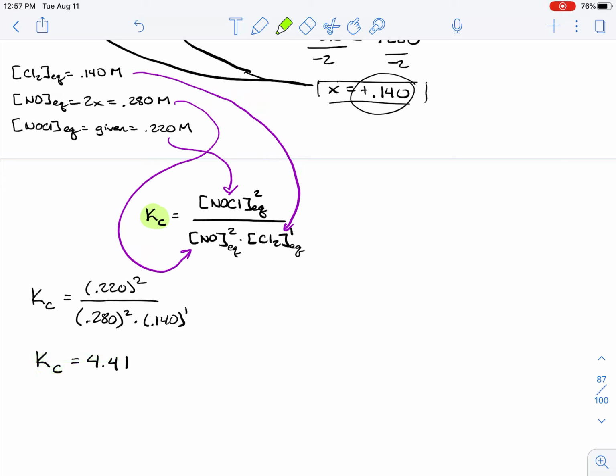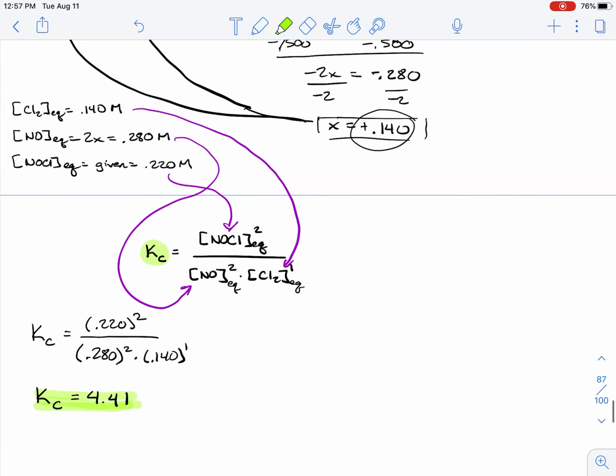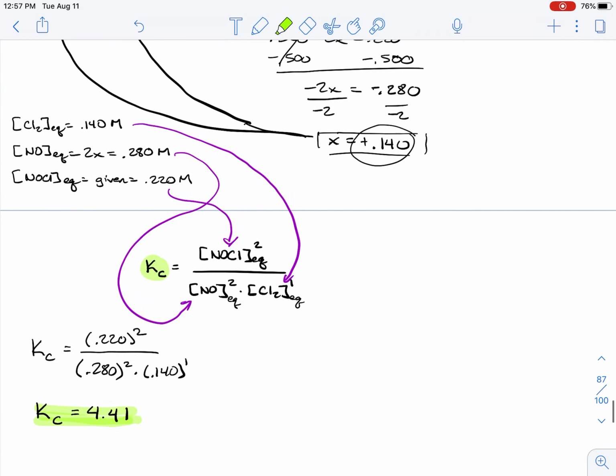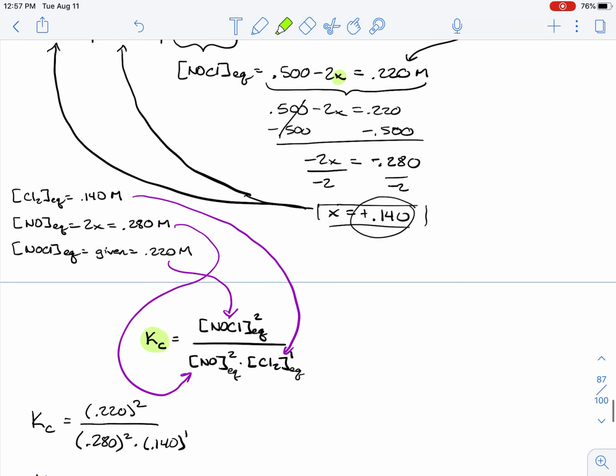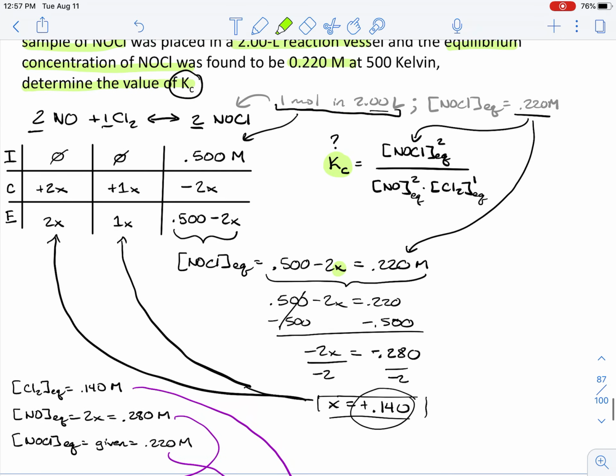Now, I know that you guys are probably thinking that Kc is greater than 1, and so, therefore, the equilibrium concentration for the products must be greater than the equilibrium concentration of the reactants.